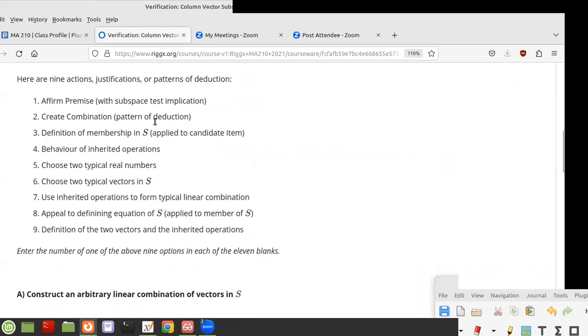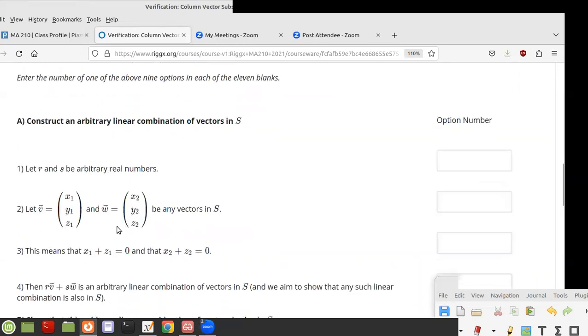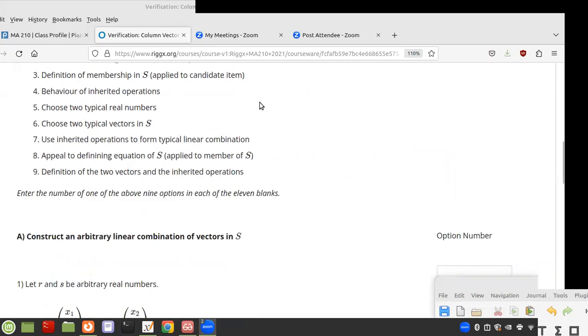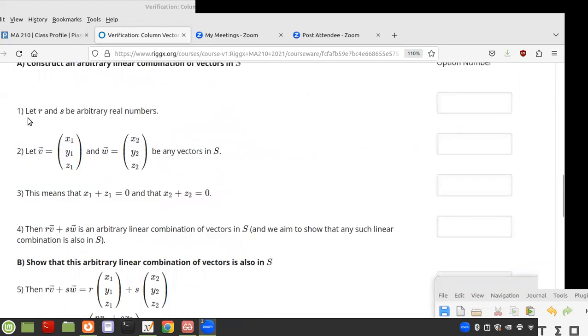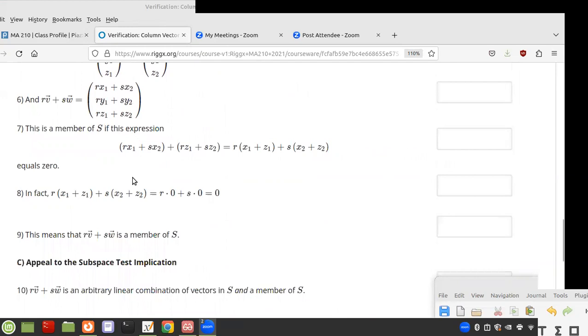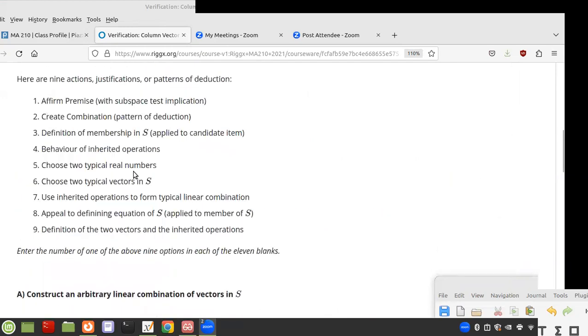Okay, so here are 9 justifications, and I want to show that this is a subspace, right? So it says, let R and S be arbitrary real numbers, let these be any vectors, and it goes through one of these things that will verify that the arbitrary linear combination is a subset, but doing it with baby steps.